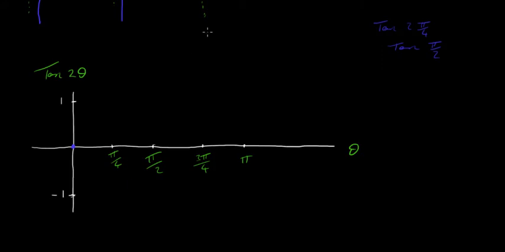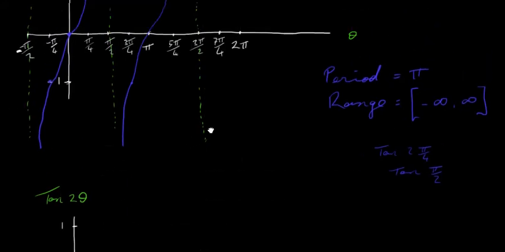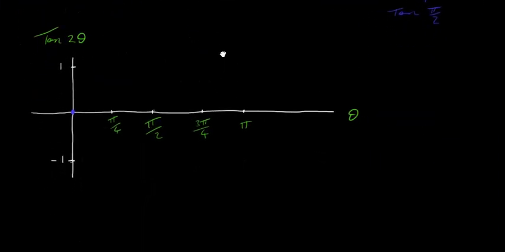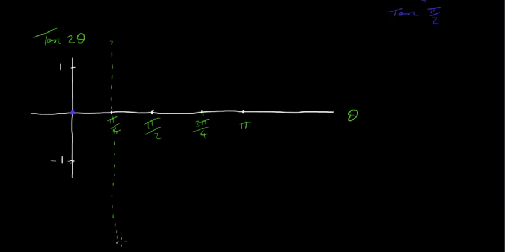Remember in the previous one we had an asymptote at pi over 2. Now we're going to have an asymptote here at pi over 4. So let me get rid of this. So we're going to have a line down along here where the graph doesn't exist, if you like.